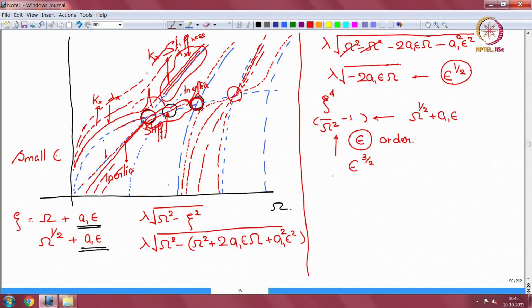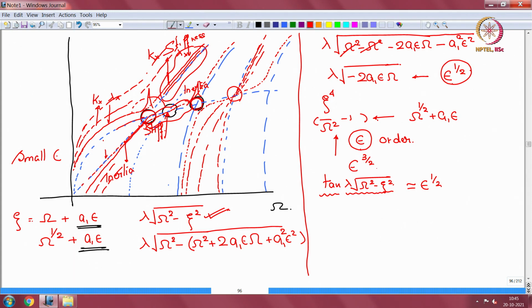There is also a tan term, and just as this term gave me epsilon to the power half, this will be epsilon to the power half, and tan of that is also epsilon to the power half.